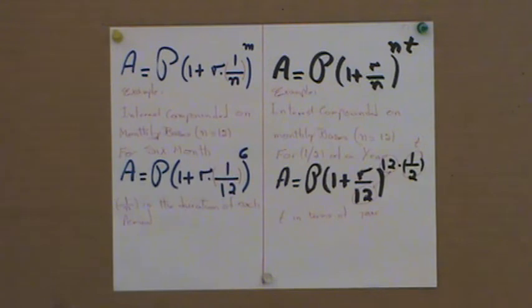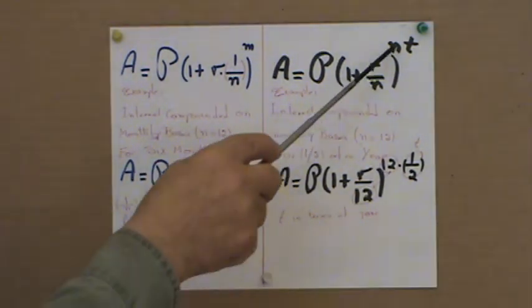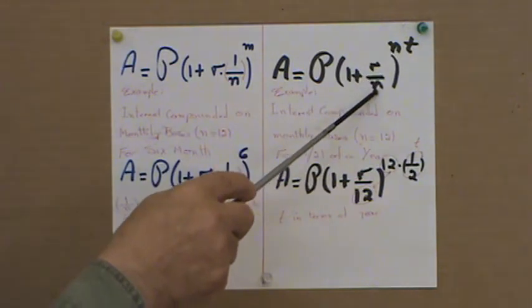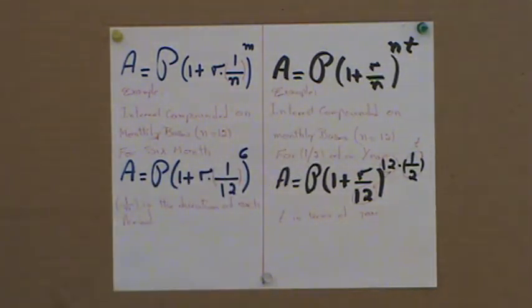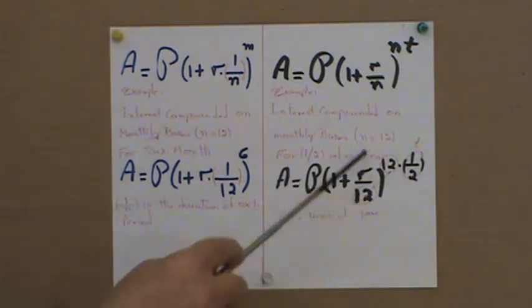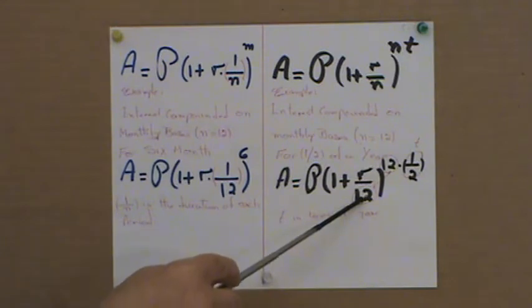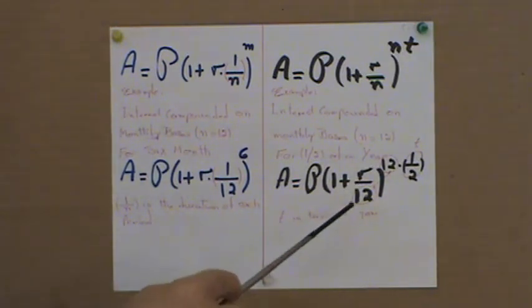Now, the difference between this and this formula is that, look at that, this one has N and this one has N and T. So this is kind of more appealing, and also you work with it with respect to the time, with respect to the year, period per year. Now look what we did. Here, 12 is the number of months. Is that right? I'm making it through an example to learn it. 12 is the number of months, so the money is being compounded on a monthly basis.